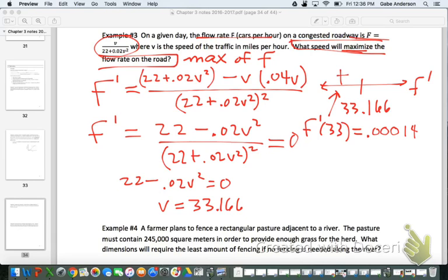Riker, did you test the right interval yet? What number did you use to test it out? 36. Okay, so f prime of 36. What'd you come up with? Negative 2.256 times 10 to the negative 6th. Oh, okay, gotcha.